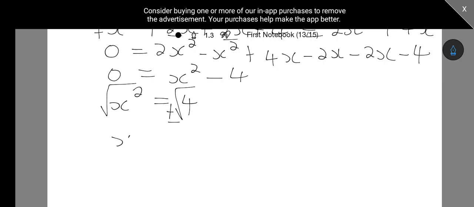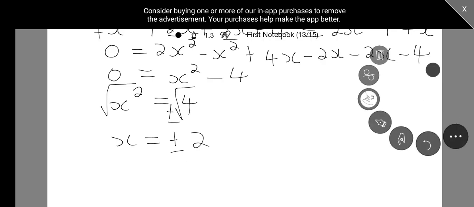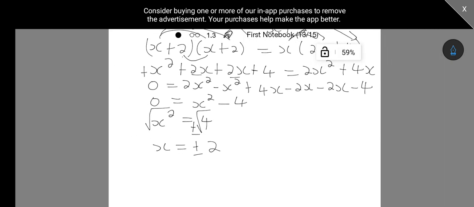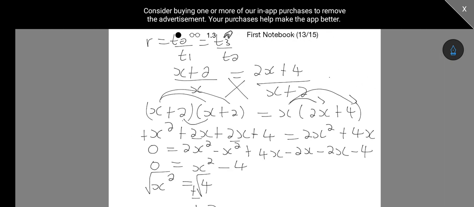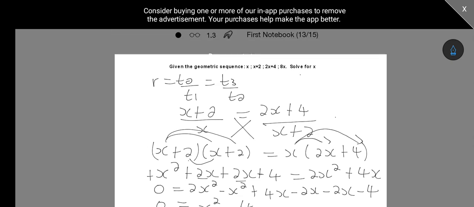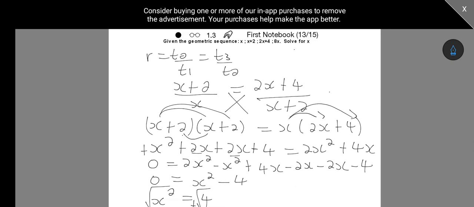This means that x is equal to plus or minus 2. Don't leave out the plus or minus and just say square root of 4. Whenever you put a root sign, you must say plus or minus. So we are going to fit these two numbers, x equal to positive 2 and x equal to negative 2, into our sequence to see which one satisfies the equation.